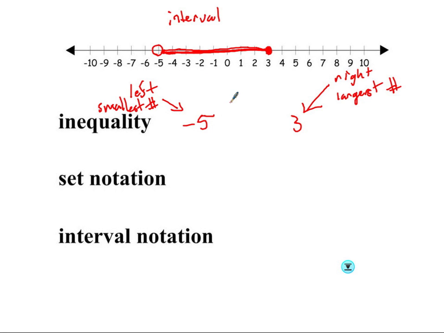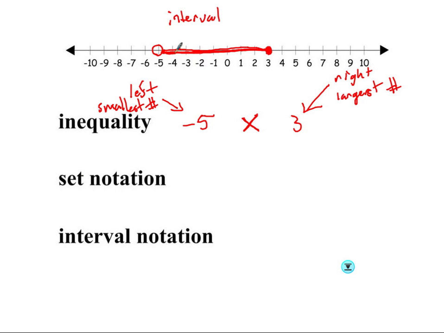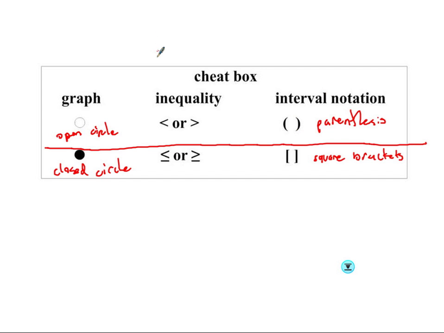Now, when you're working with an interval on a number line, your variable is most commonly going to be x. So you always have x in the middle. Now this is where we can use this information here. Because we have an open circle here, remember, open circles we're always going to use either less than or greater than.